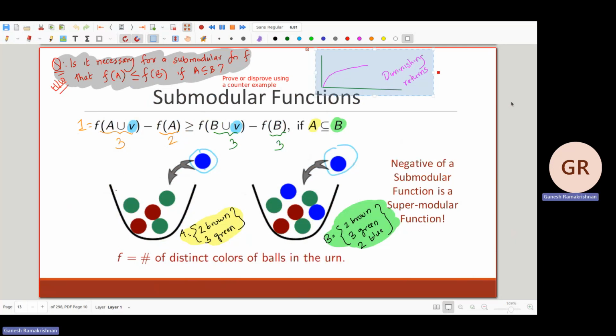Okay, it turns out that minimizing submodular functions is actually possible in polynomial time. Okay.